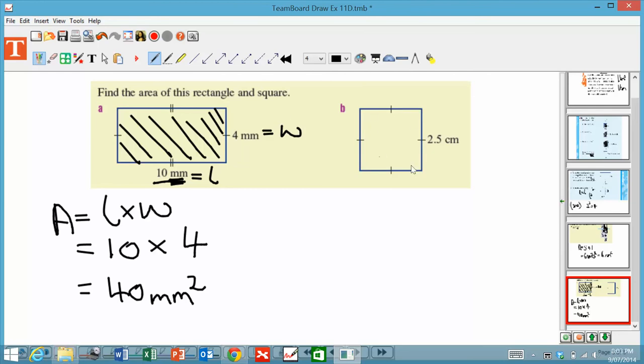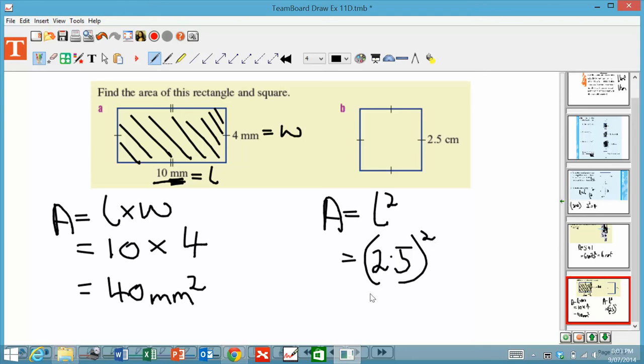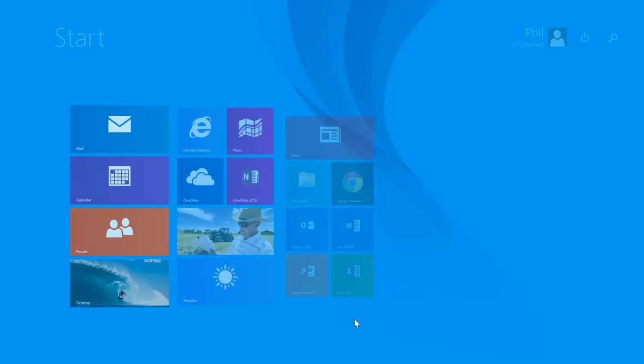Okay, here I've got a square, so area equals length squared, which equals 2.5 squared, which equals, what's 2.5 squared? I'm struggling with that one myself.